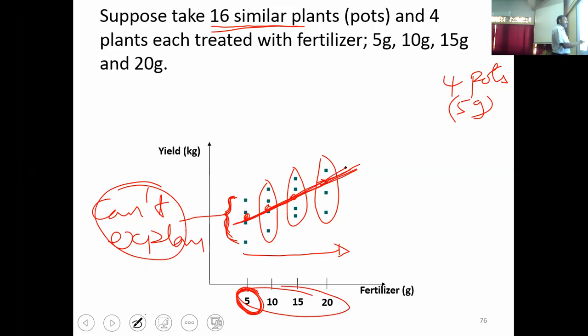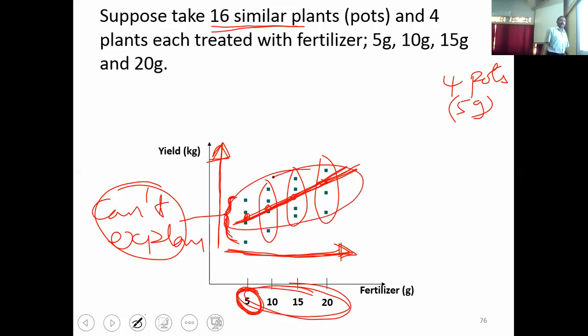When you talk about the variability in 2 dimensions, 1 dimension is along the x-axis, and 1 dimension is along the y-axis. Visually, the increase along the x-axis is because you are increasing the amount of fertilizer. That is obvious.